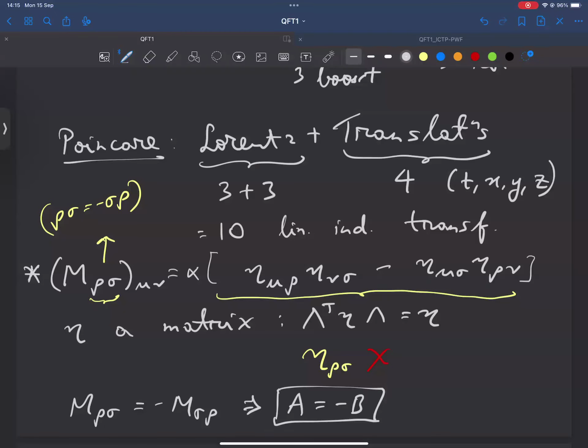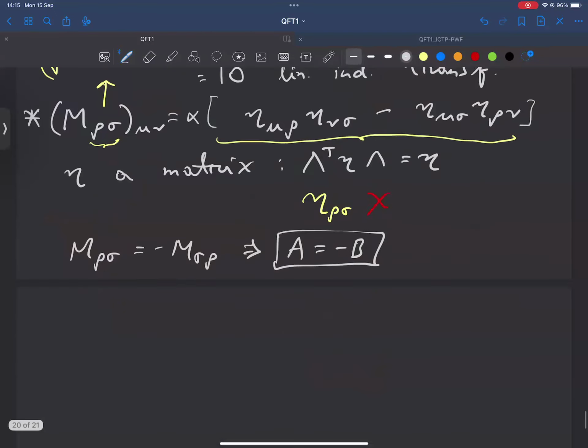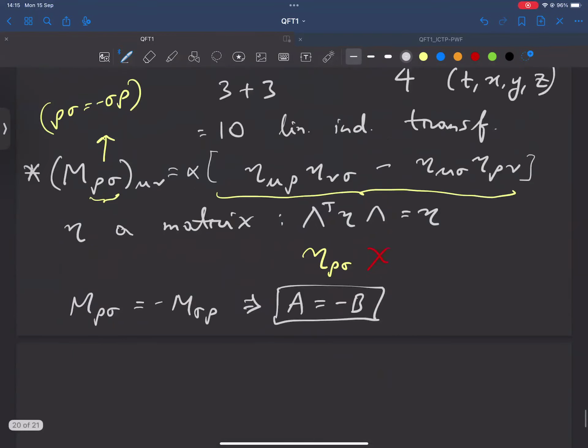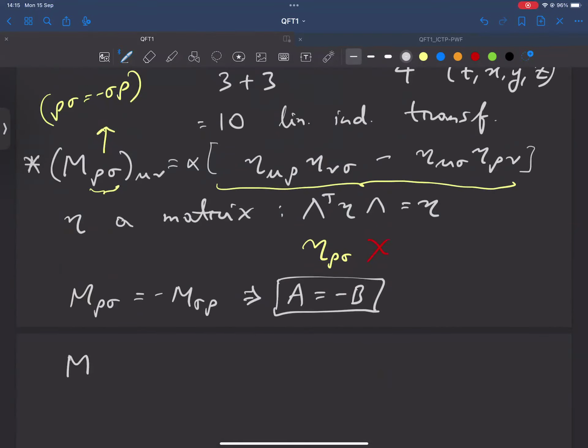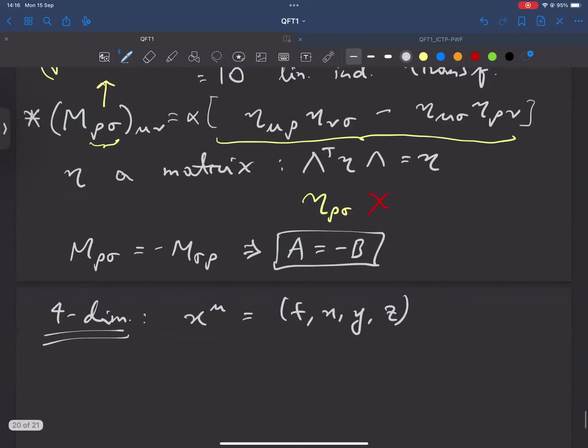Why are there 4 indices on this matrix? Yes, that's the whole point that I was trying to say. So you see, M rho sigma. So here to begin with, we are working in 4 dimensions, okay? And we are looking at position vectors x mu, t, x, y, z. And we are trying to look at linear transformations that act on x mu's.